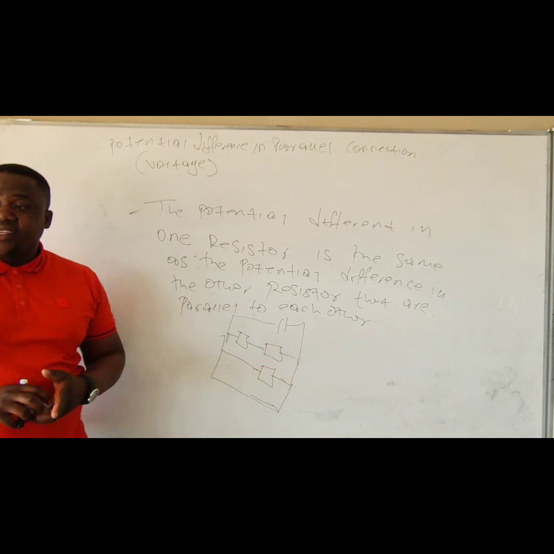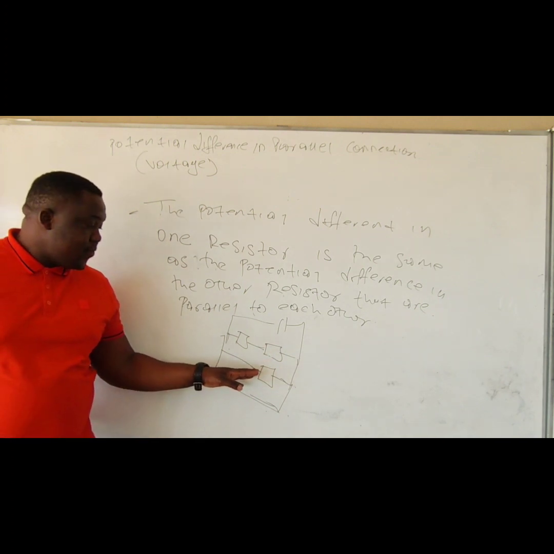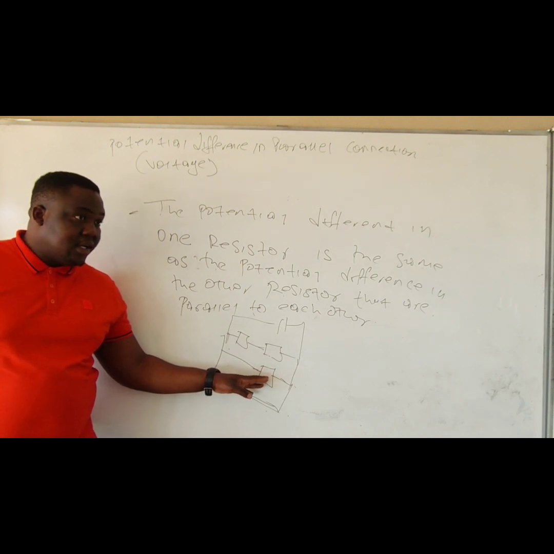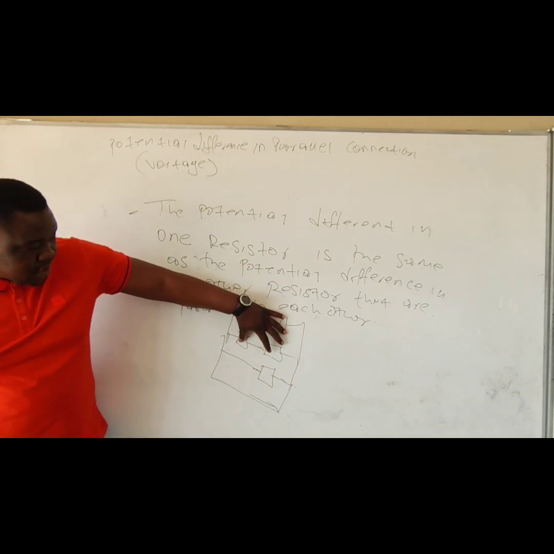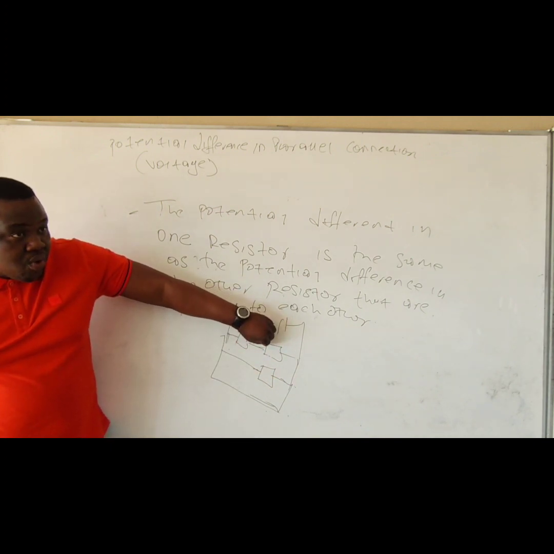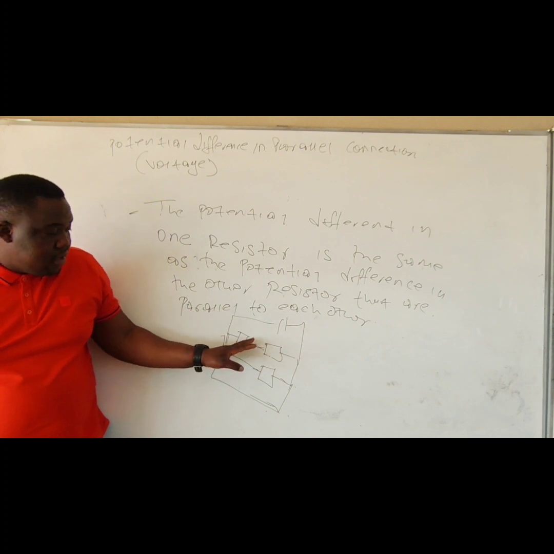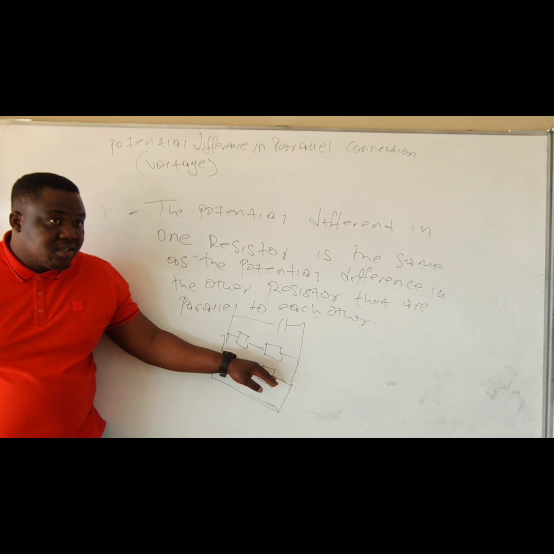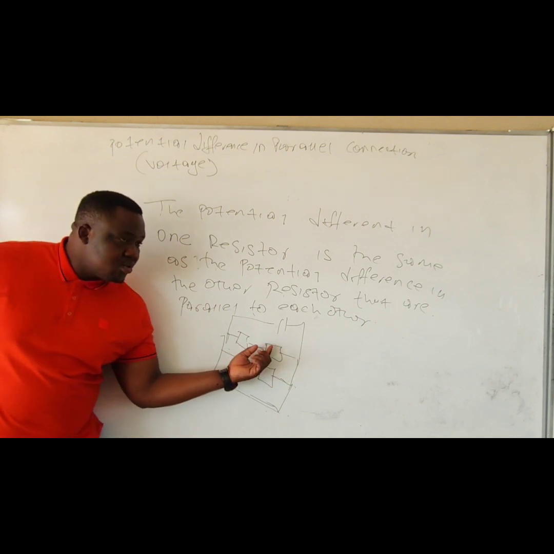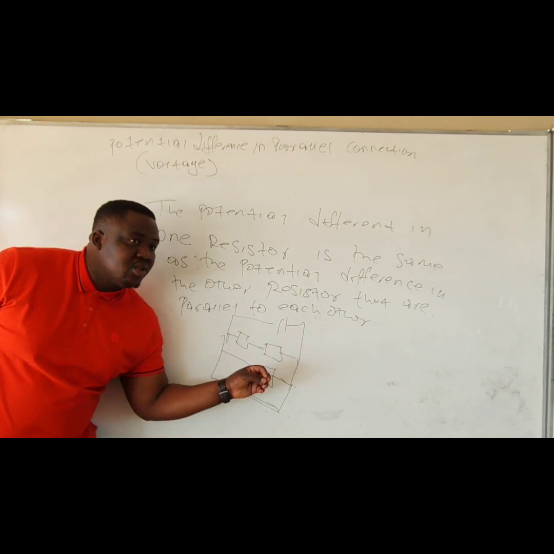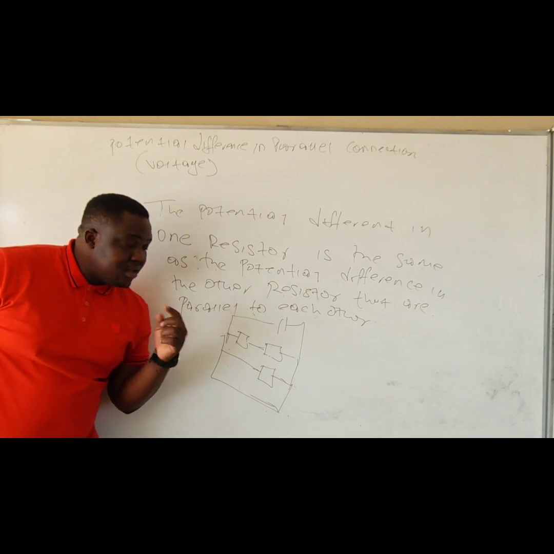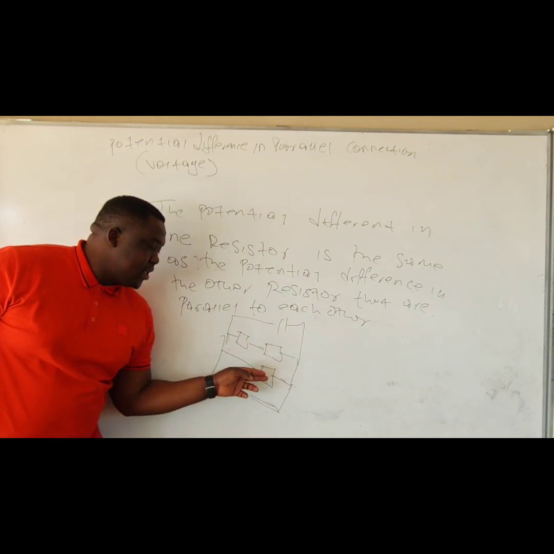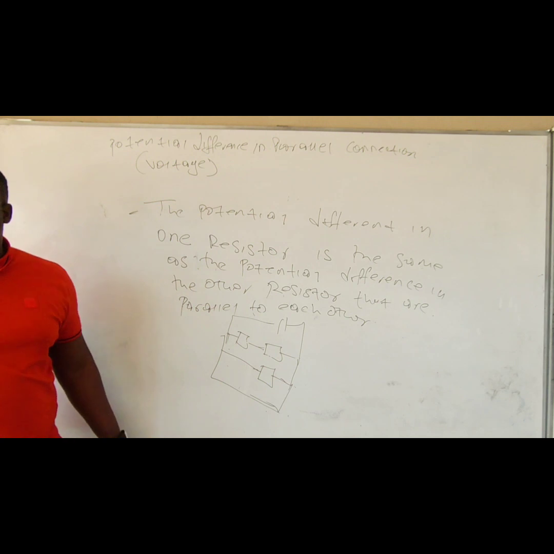Meaning that if you want to calculate the R parallel, you are going to add these two. You say this one plus this one is parallel to this one. You don't treat these two as separate. You make them one thing, R1 plus R2. Then you say they are parallel to this one. You understand what I mean?